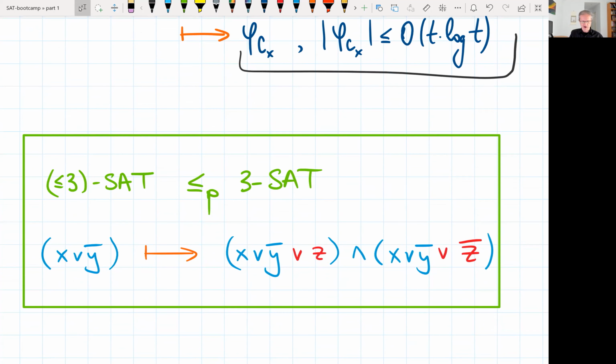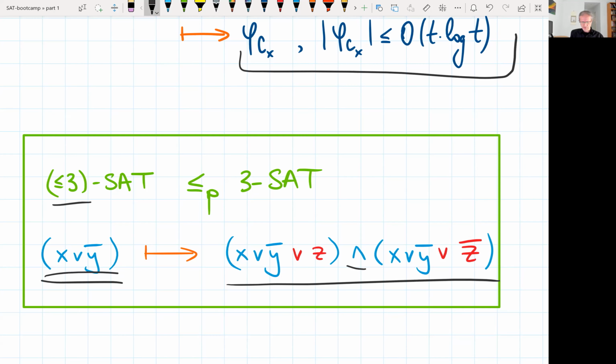One last side remark I need to make about this is that I talked about CNFs which have clauses of width at most 3, and then when I defined the problem 3SAT, those CNFs were assumed to have all clauses of size exactly 3. Okay, so that's not very difficult to fix now. If I have some clauses which have width smaller than 3, then I can always introduce some new fresh variable z added to the clause positively and negatively and replace a clause of size 2 with a conjunction of two clauses of size 3.